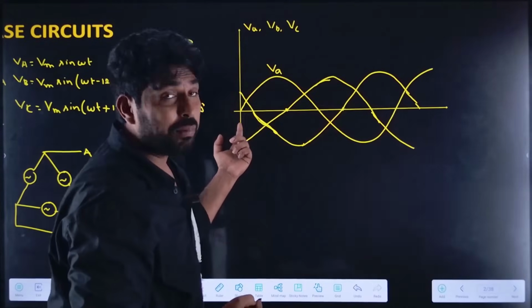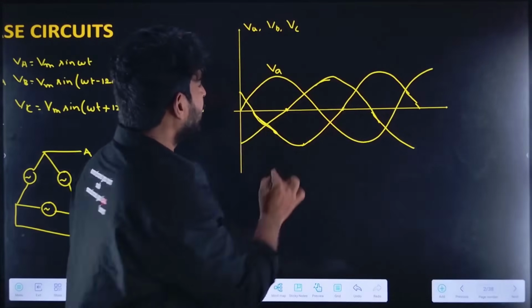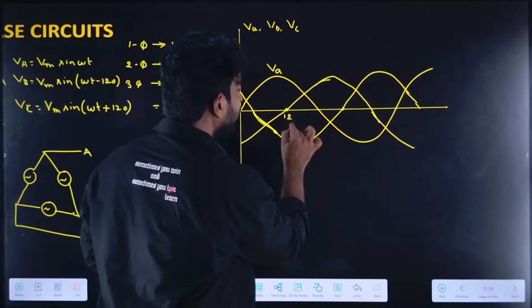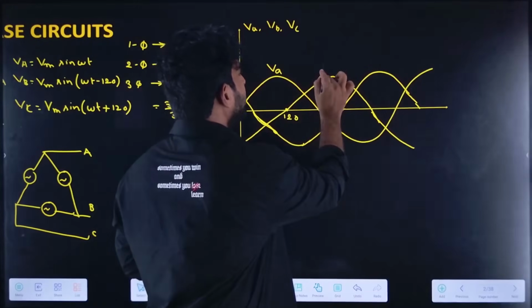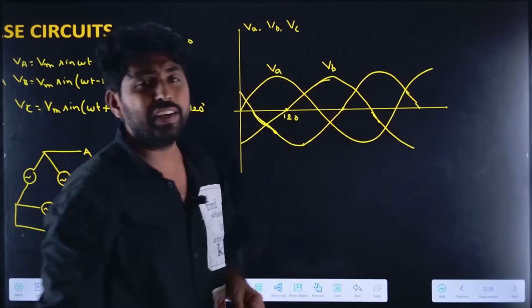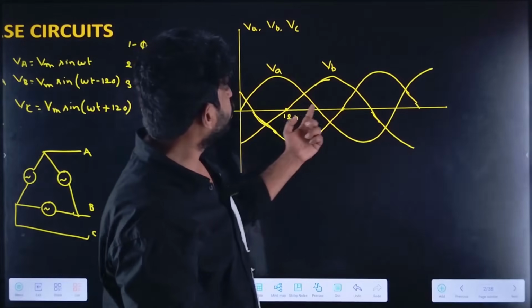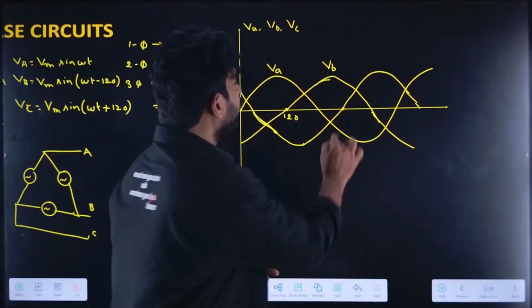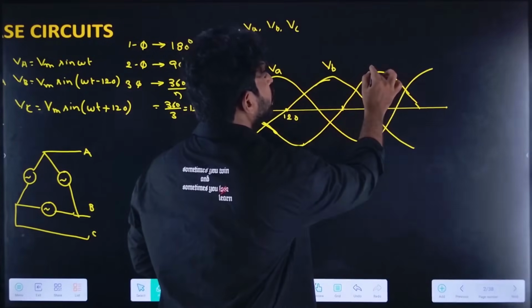So it starts after VA at 120 degrees, right? So it is VB, and VC starts after 240 degrees from here. So it is VC.